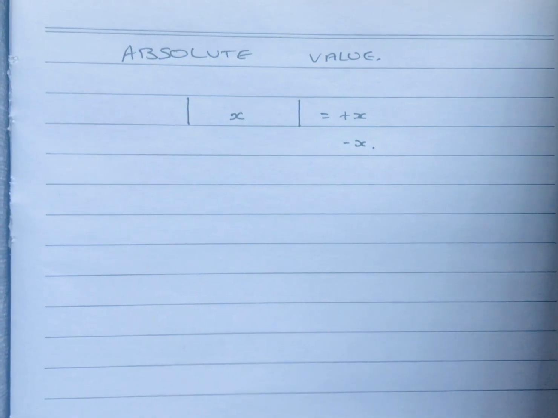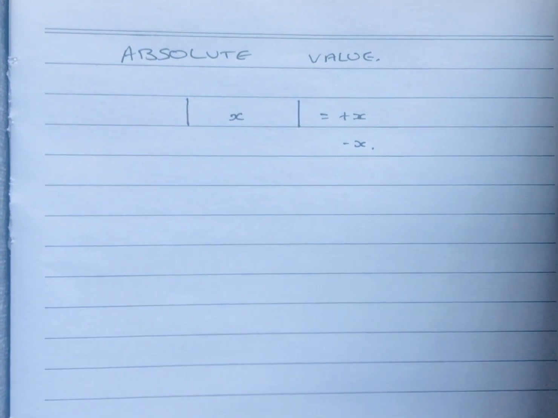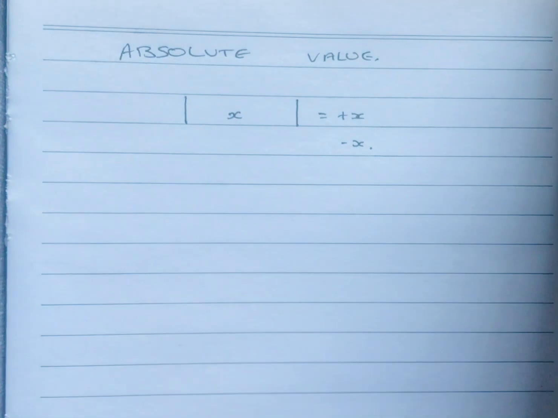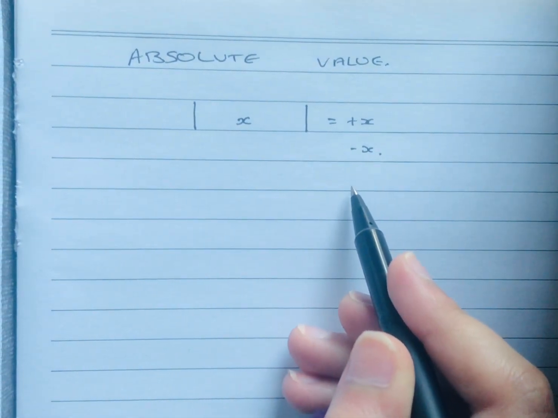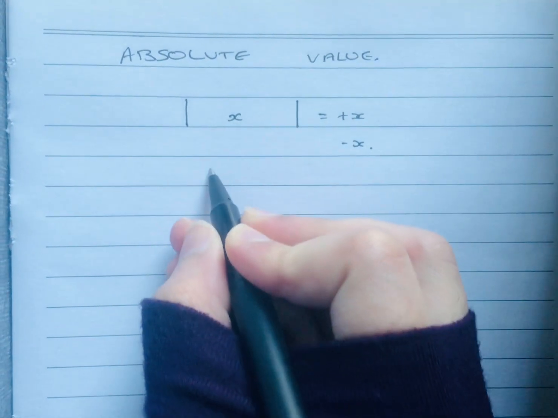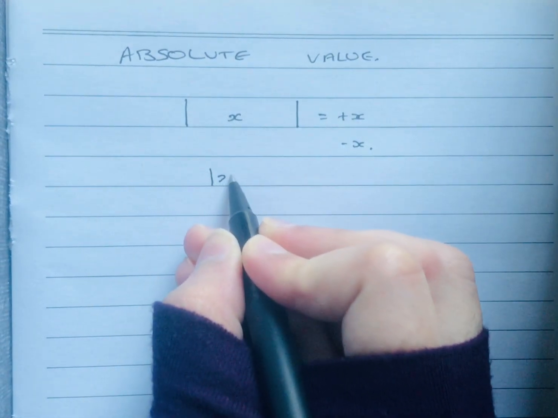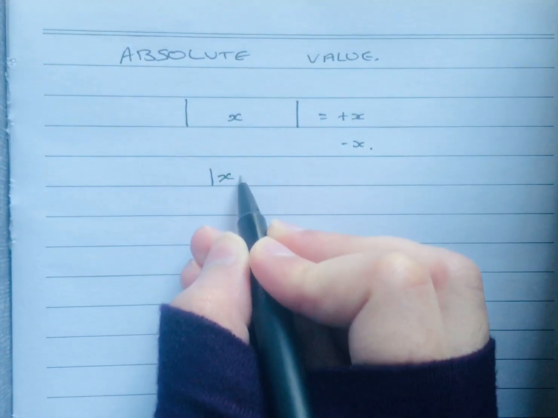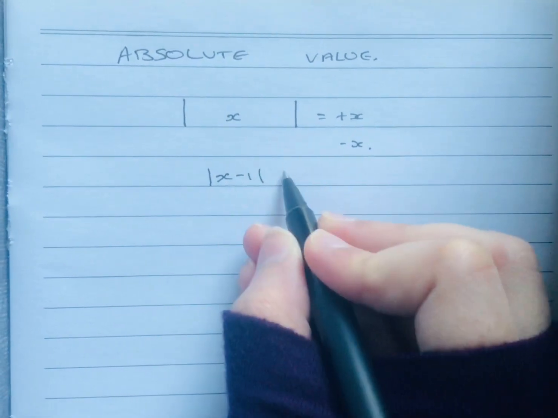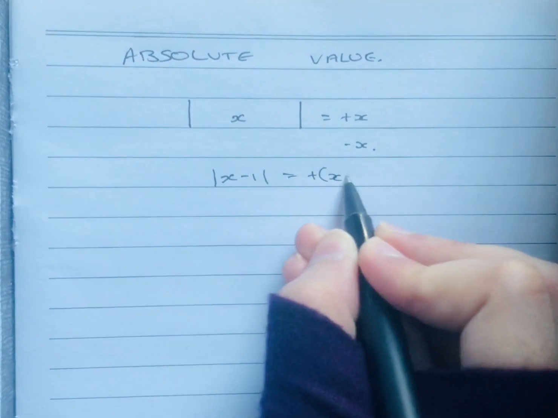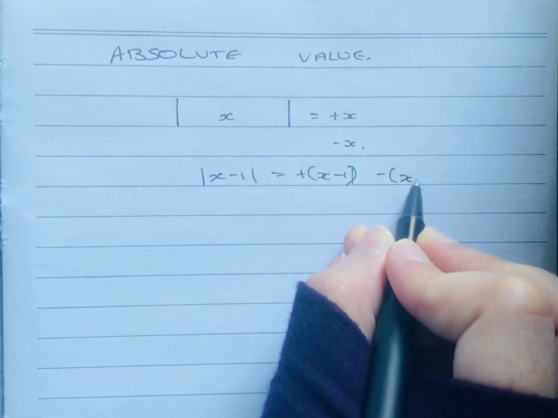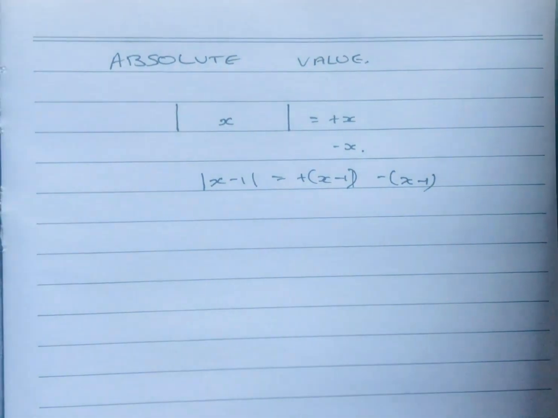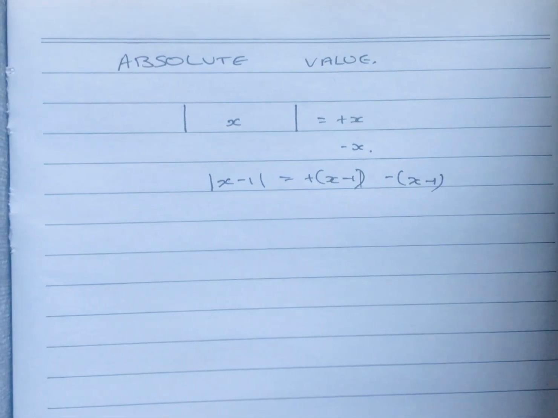For example, we have x within the two bars, just like this. So this can either be positive x or negative x. So whenever you see something within the absolute value bars, it's either positive or negative. Did you get me?